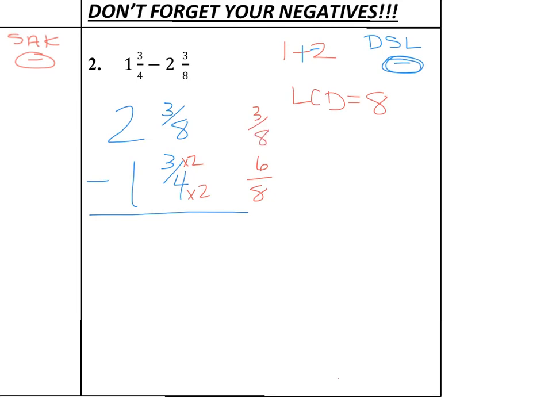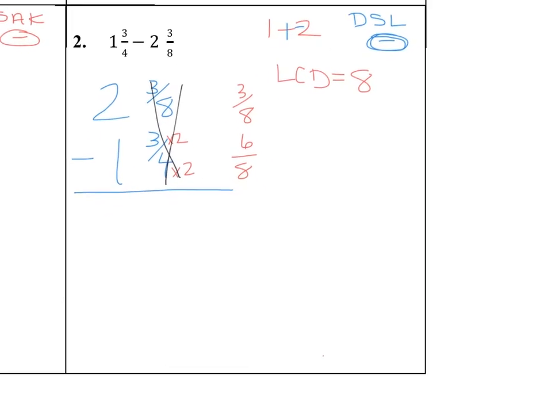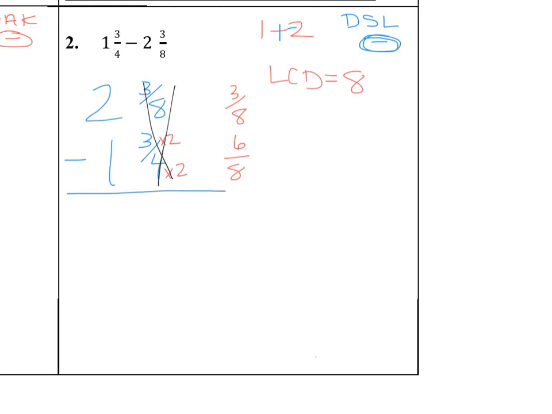3/8. I no longer have this. Now I'm subtracting. So I'm going to subtract just like my directions say. It says to subtract your fraction parts first, regroup if needed, which we're going to be doing, then subtract your whole number parts. So when I come back here, I cannot do 3 minus 6.